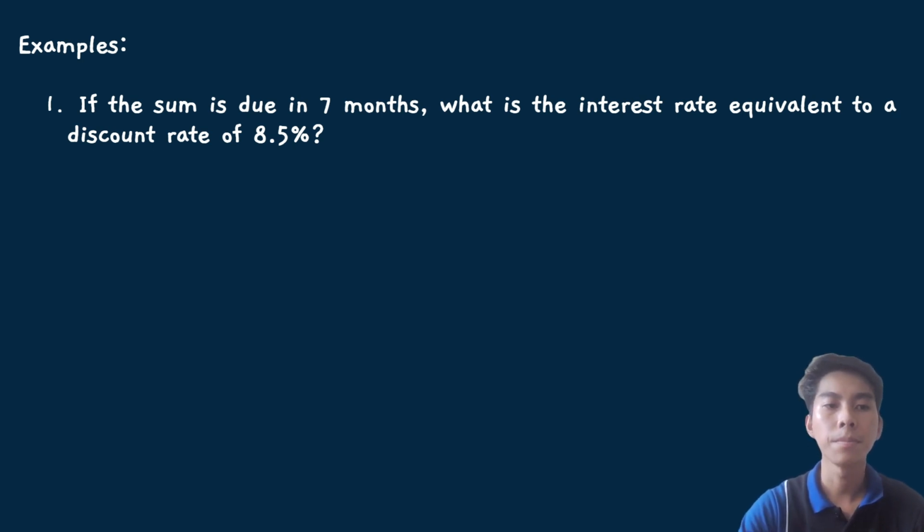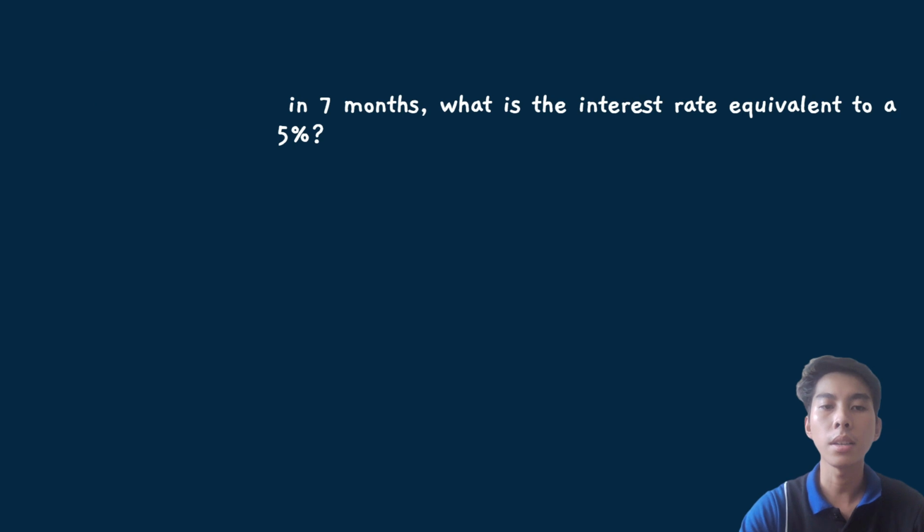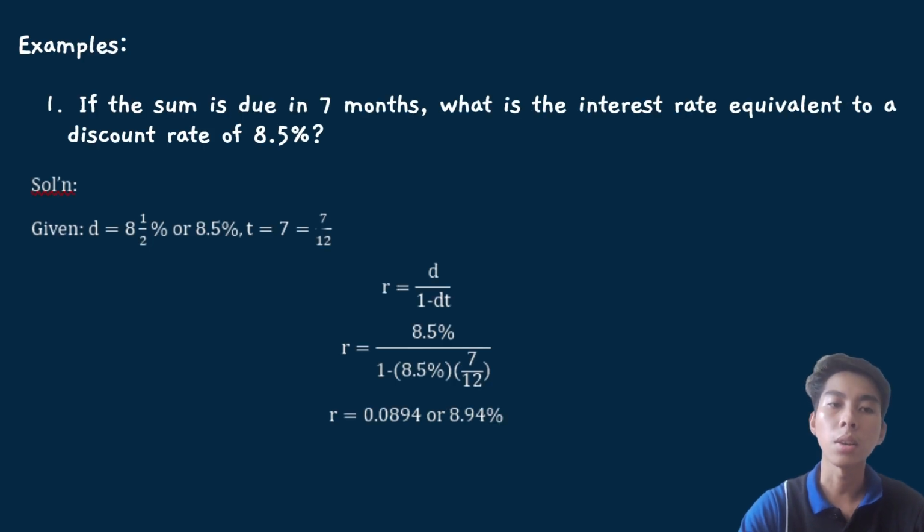To solve this, we first identify what is given. We have here the discount rate of 8.5%, so D is equal to 8.5%. Then our T, or time, is 7 months, so we have 7 over 12. And the unknown here is the interest rate.